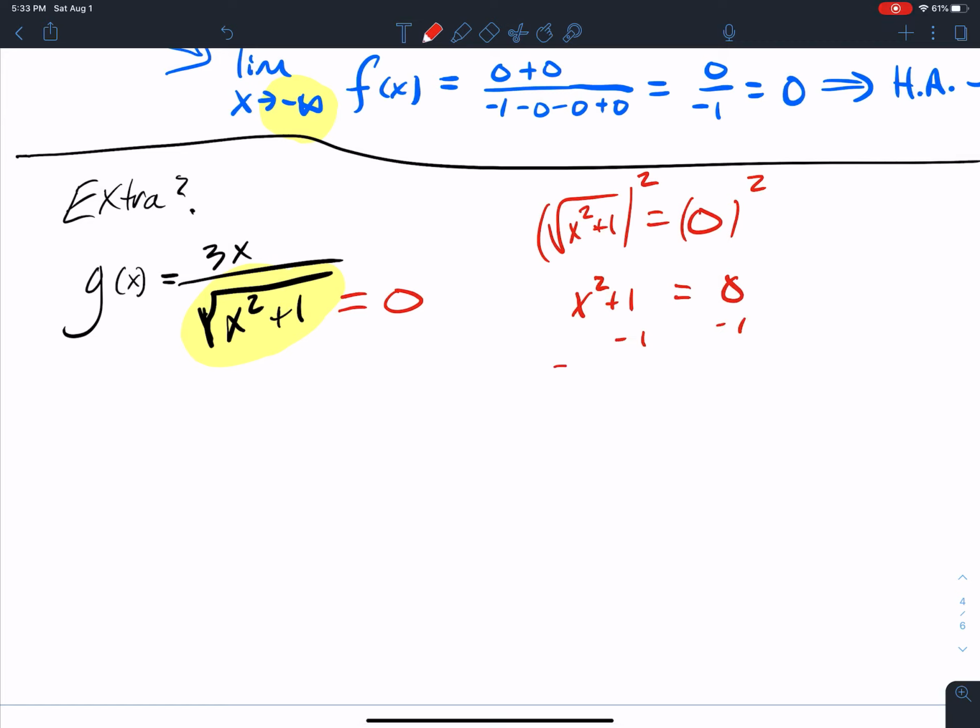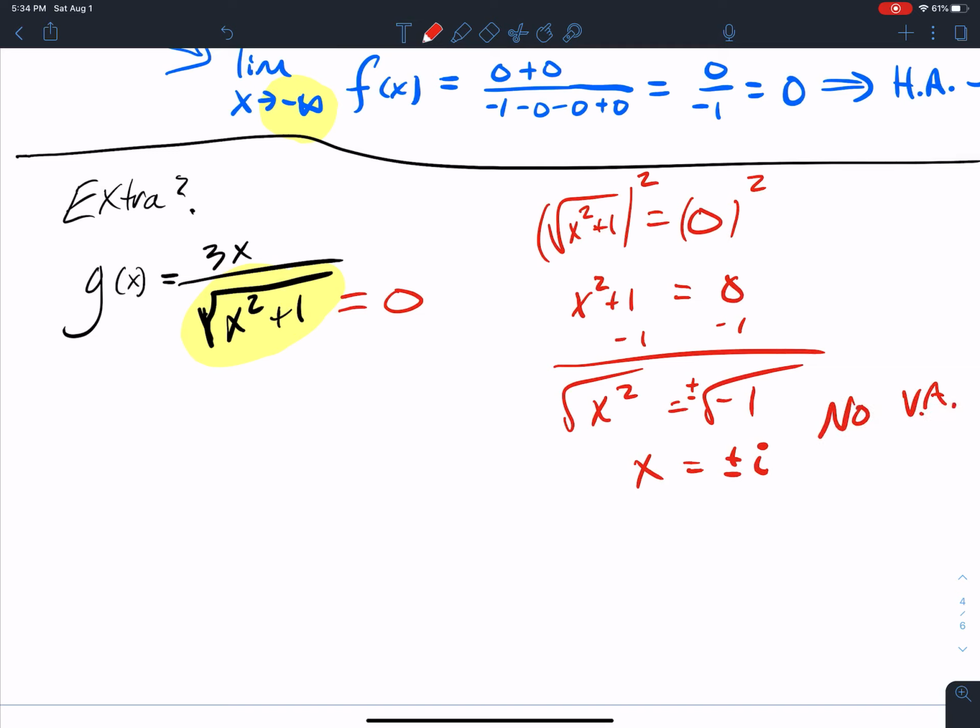Subtract 1, I get x squared equals negative 1. But when I square root this, I get x equals, well, square root of negative 1, plus or minus i. Guess what? We're dealing with real numbers, not imaginary. This is not complex analysis. Therefore, there are no vertical asymptotes. Okay? So there's no vertical asymptotes.